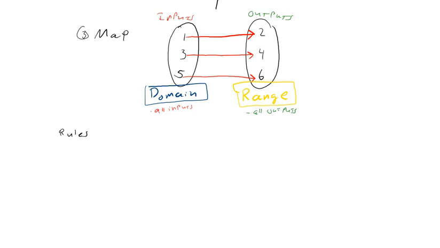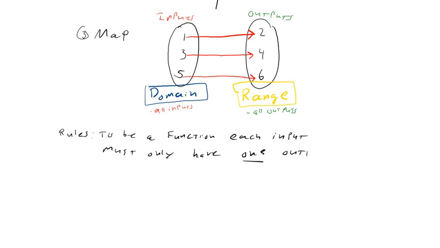So in order for a function to follow these rules, to be a function, each input must only have one output.